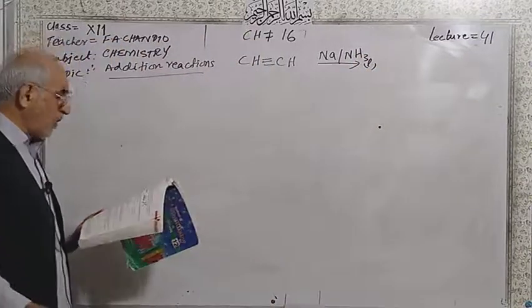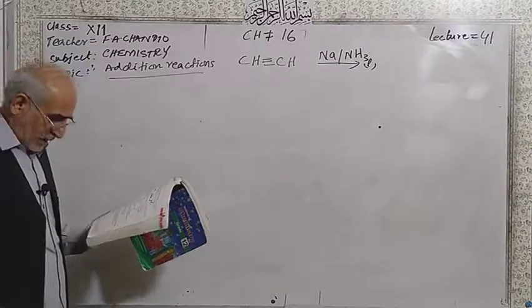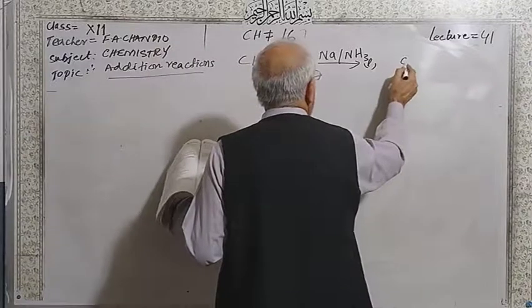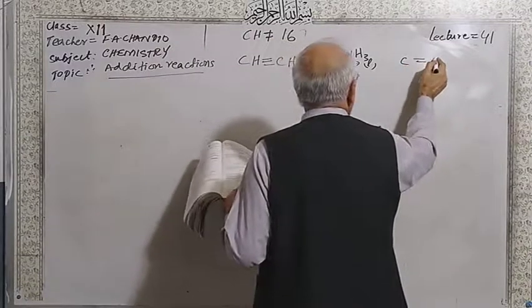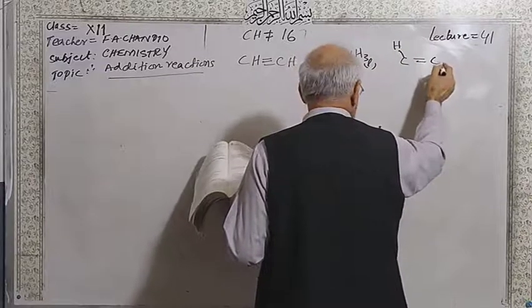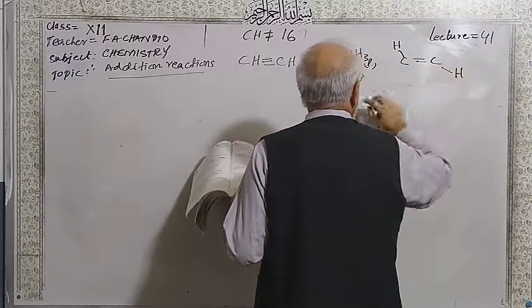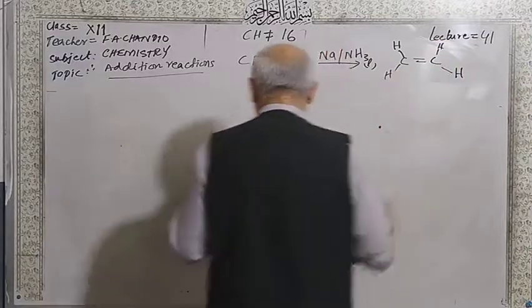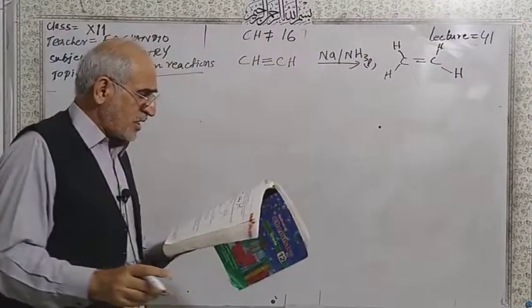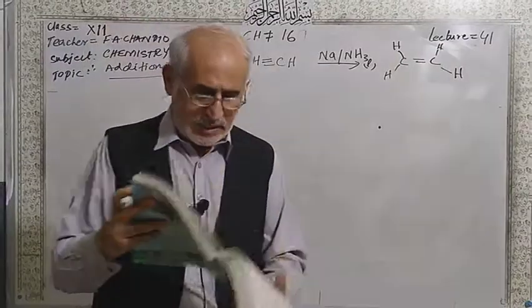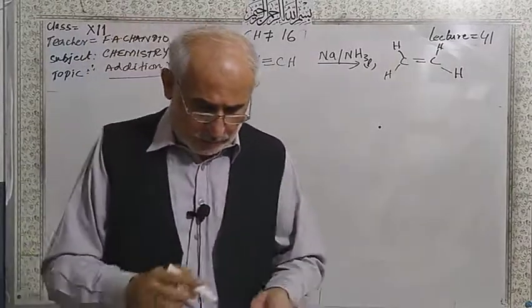By using sodium in ammonia solution, there is a reduction. These reaction conditions do not reduce alkenes, hence the product is an alkene.